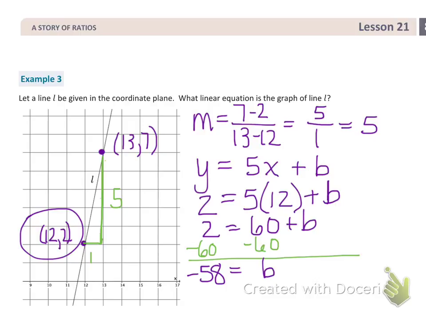So the equation of this line, for example 3, is y equals the slope times x, 5x, plus negative 58, which we can write just as minus 58. So there's the equation of that line.